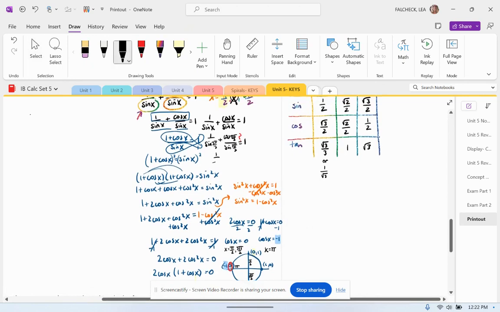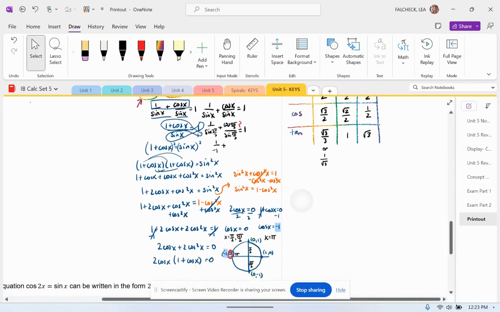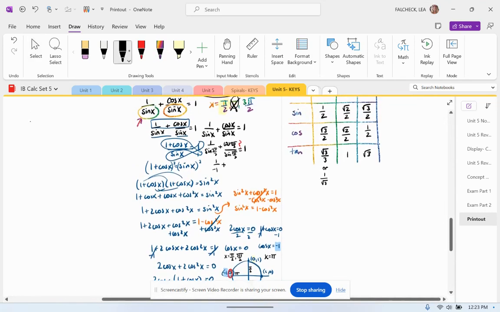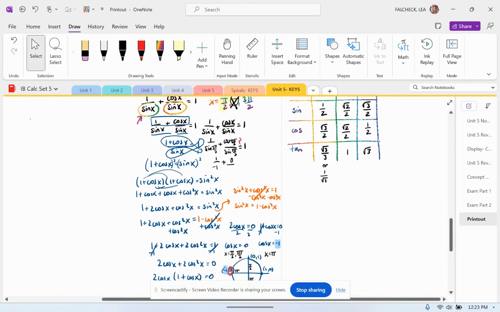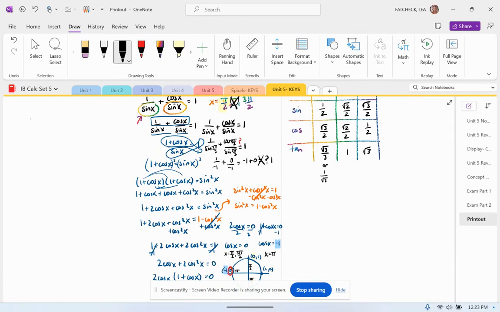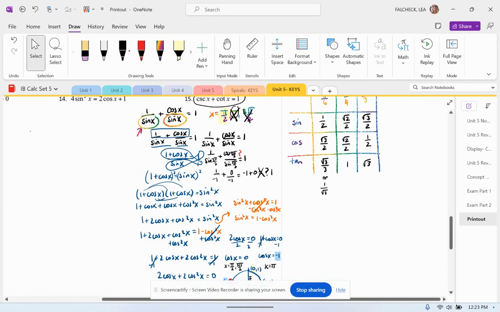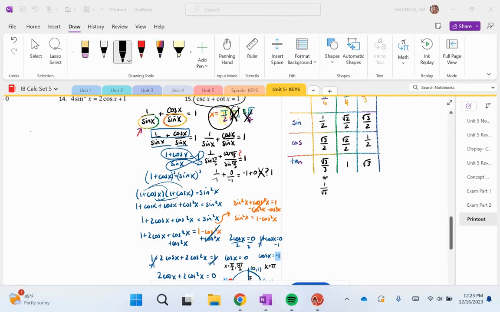So we have 1 divided by negative 1 plus the cosine of 3 pi over 2 is 0. The sine of 3 pi over 2 is negative 1. 0 divided by negative 1 is just 0. So we have negative 1 plus 0 equals 1. It does not. So we're going to reject the solution 3 pi over 2. And our answer is x equals pi over 2.